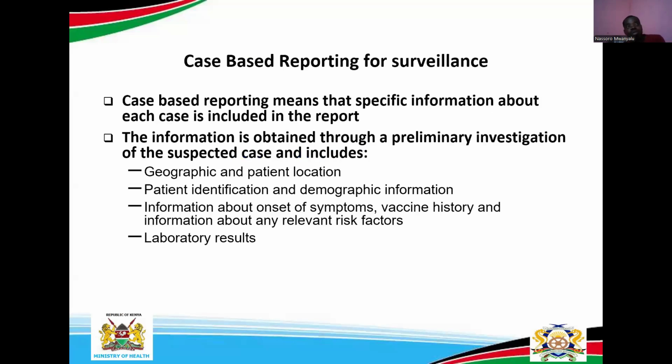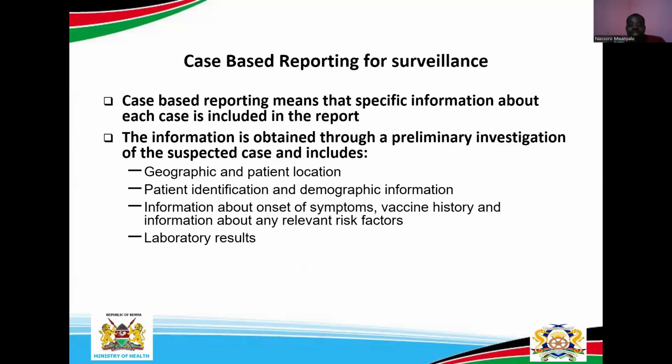So who are you reporting to? You are supposed to report to the surveillance focal person in your health facility, who can report to the sub-county disease surveillance coordinator. Or if you just have the number for the disease surveillance coordinator, you can just call him or her immediately for them to do the investigations.